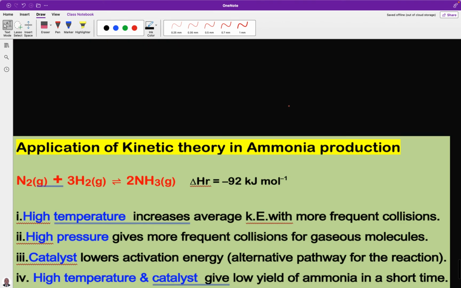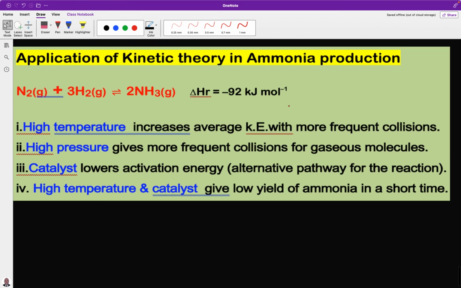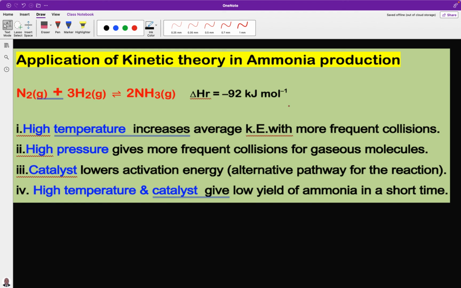We can still use this to explain according to the kinetic theory. You could be asked to explain high temperature, high pressure, and catalyst in terms of the kinetic theory of gases. It's a gaseous reaction. How can we use this to explain in terms of the kinetic theory?